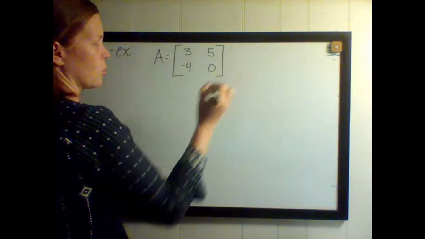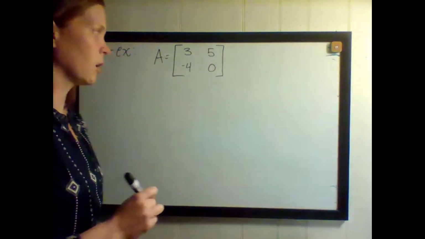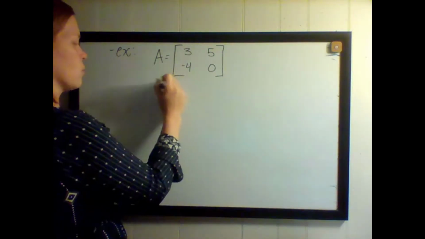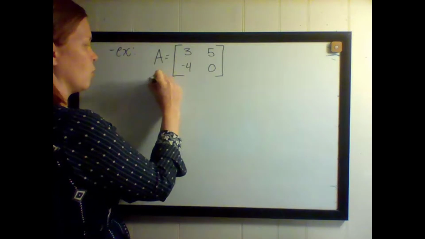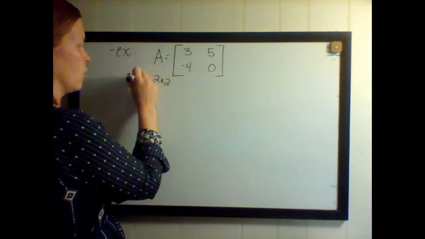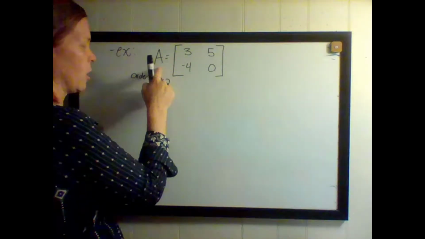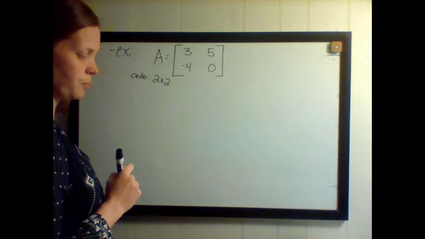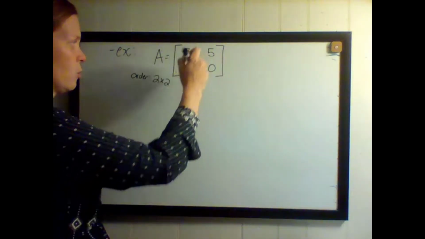Then I end with a bracket. Notice that the order of this one would be 2 by 2. That would be the order of matrix A: 2 columns and 2 rows. So 2 by 2.